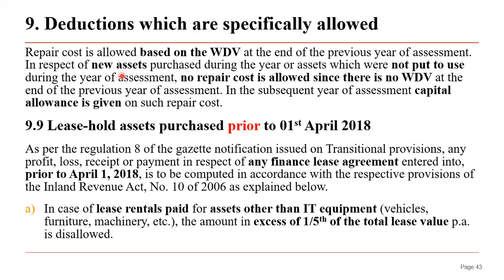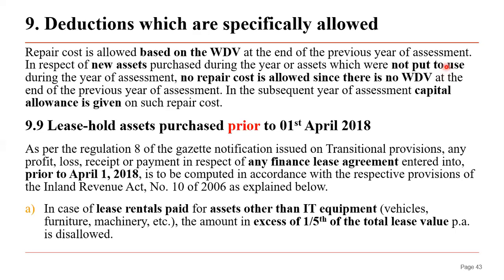If it is a new asset, here the new asset purchased during the year or asset which were not put to use, that means they have not used. Then normally when we are discussing capital allowance section, we discuss asset should be owned by the company, ownership should be there, and also asset should be used during the year of assessment, then only they are allowed to claim capital allowances.